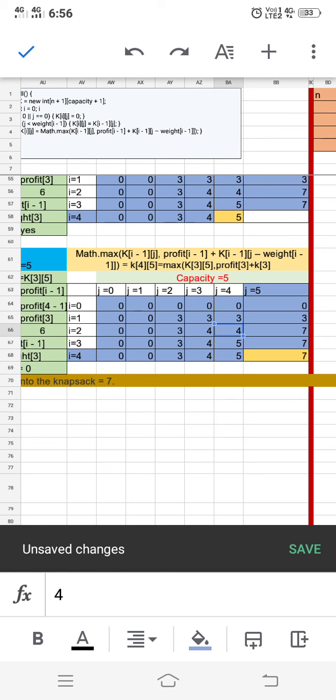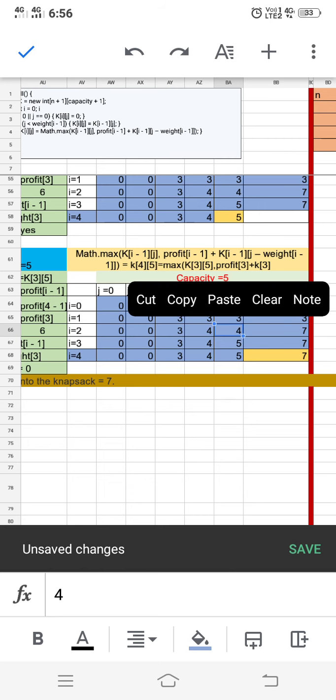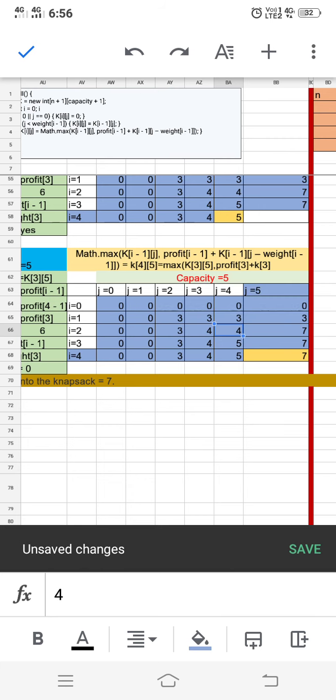So I cannot fill up the profit of both objects 1 and 2 here, since its capacity exceeds. So at i is equal to 2 and j is equal to 4, it remains 4 only.